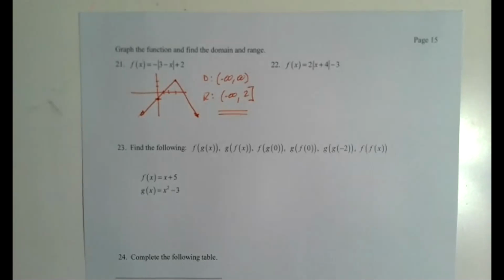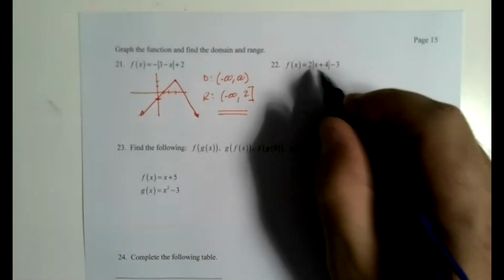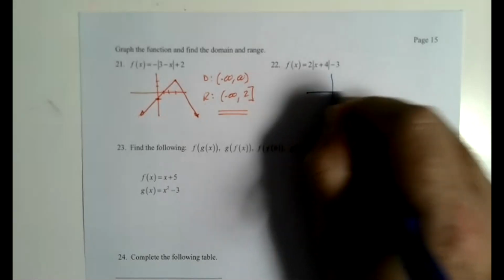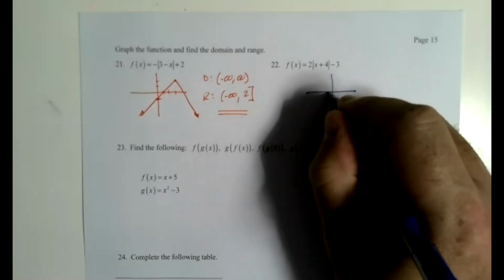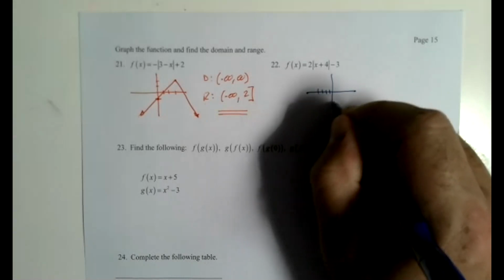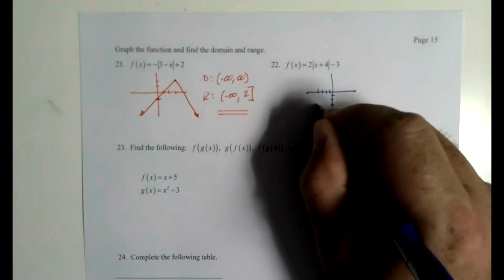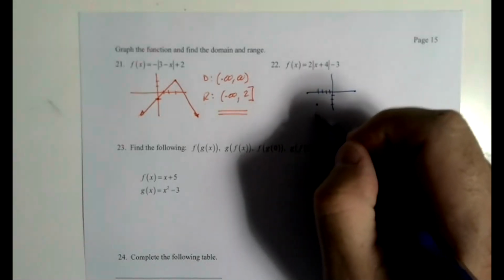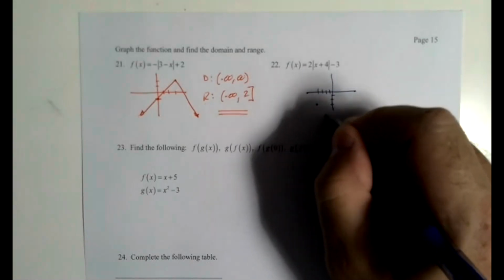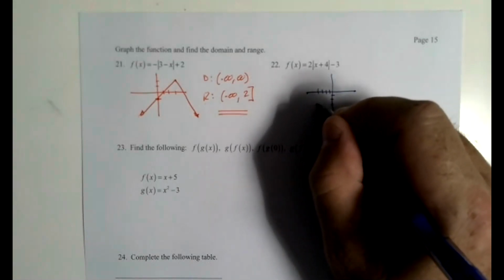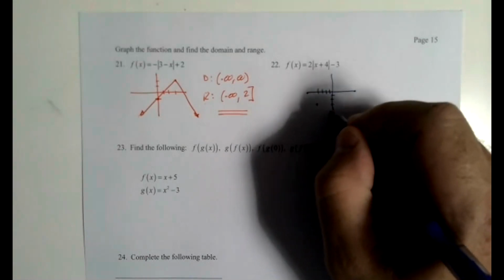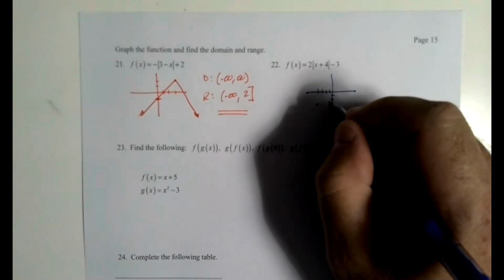Making sure you know your absolute values. Plug in -4. We get -3. That goes up twice as fast on both sides. So I'm not exactly sure where it hits here. 1, 2, and over 1.